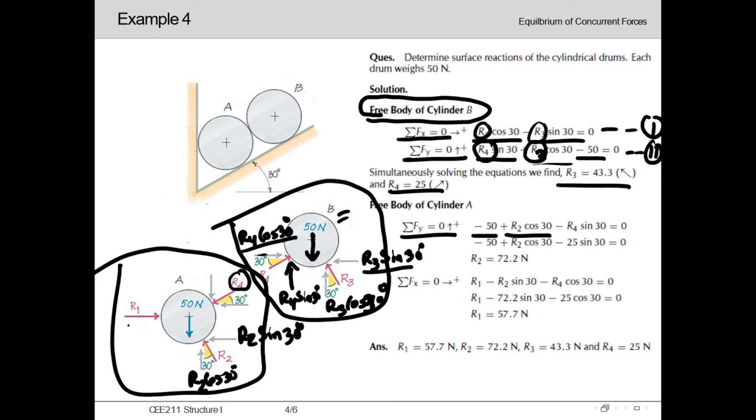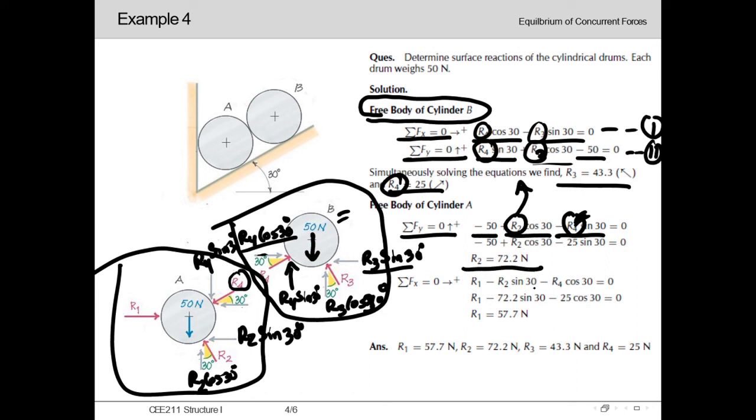Now R4 sin 30 is acting downward, so minus R4 sin 30. We know the value of R4 from the previous free body diagram. Plugging the value of R4 over here, we will get the value of R2, as only R2 is unknown.